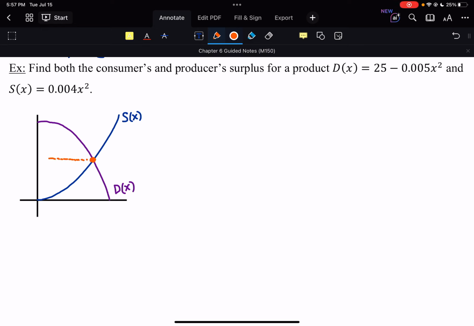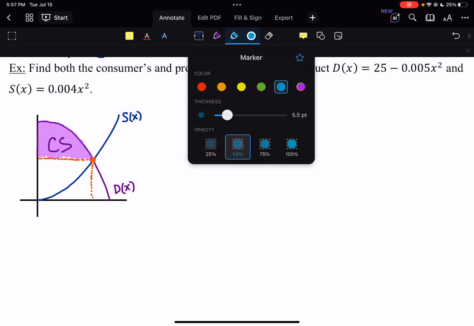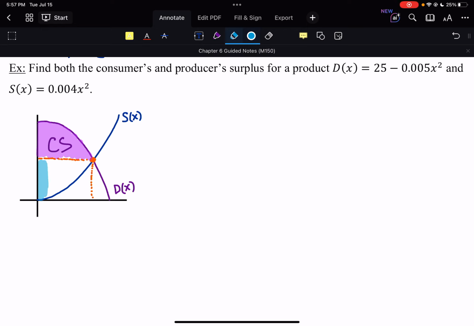That's where these meet. Everything up here is going to be consumer surplus, and everything down here is producer surplus.